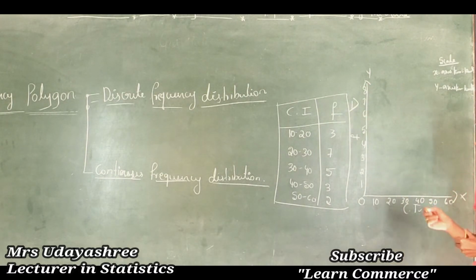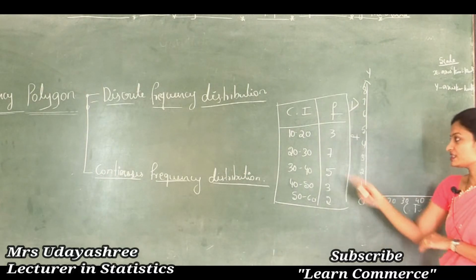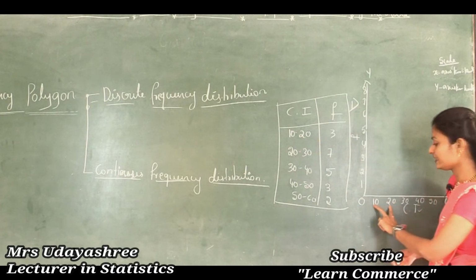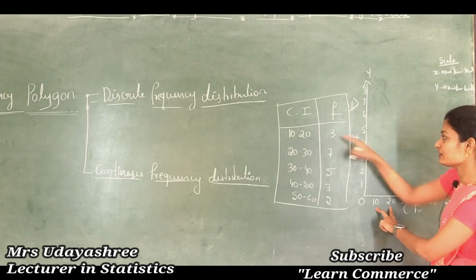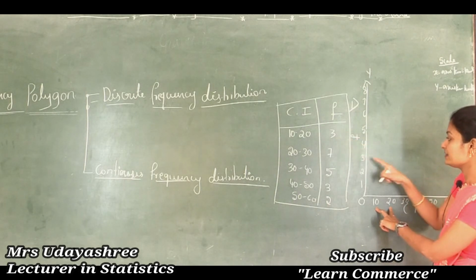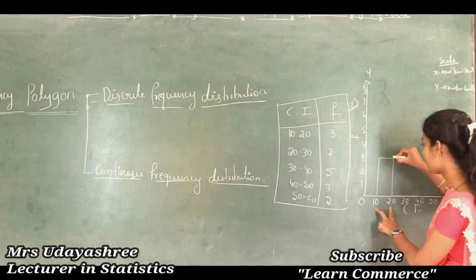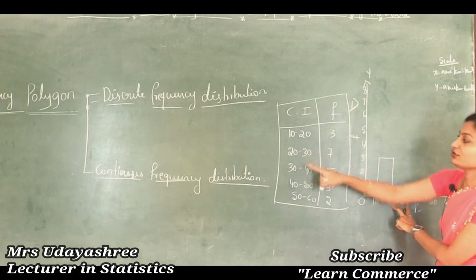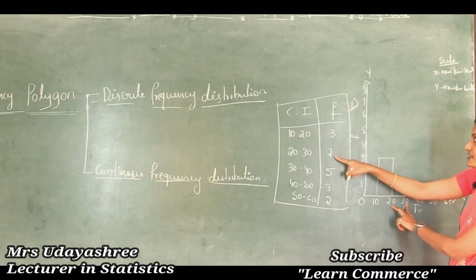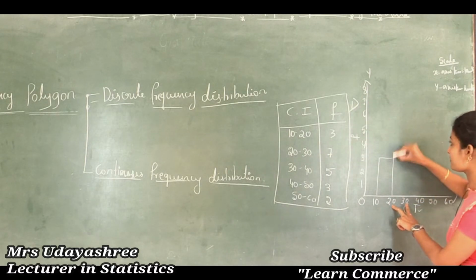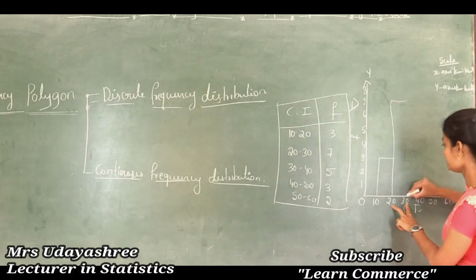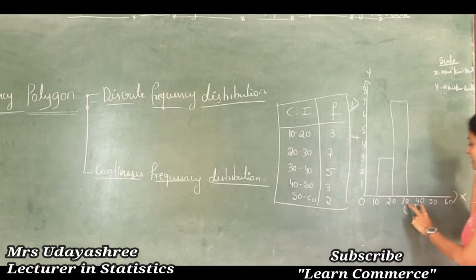Okay, next, we know how to draw a histogram. See the first class interval, that is 10 to 20. See 10 to 20 is here, for that the corresponding frequency 3 is here. So here we need to draw one rectangle like this. Next 20 to 30, the corresponding frequency is 7. See 7 is here. Okay, this is one rectangle.